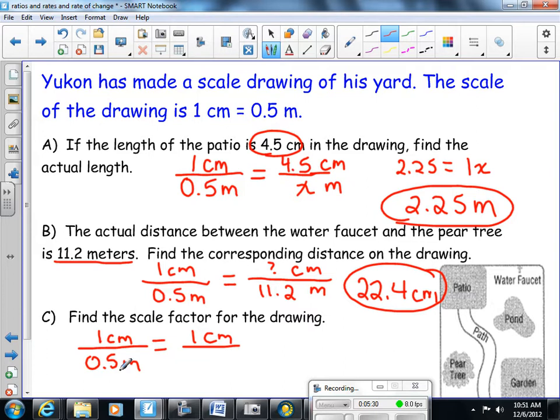Half of a meter is how many centimeters? Well, 1 meter is 100 centimeters, so half of a meter would be 50 centimeters. Is your numerator at the top already 1? Great, then this is the scale factor. It is 1 to 50.